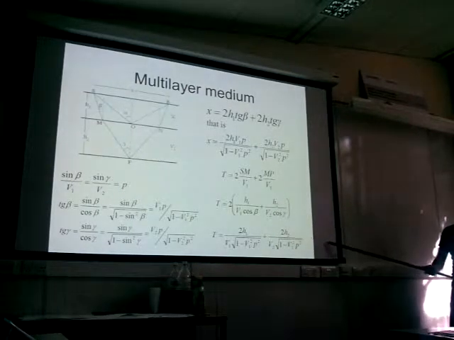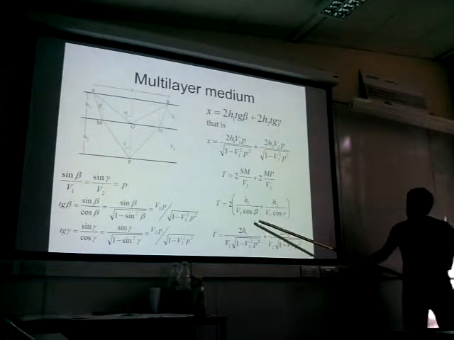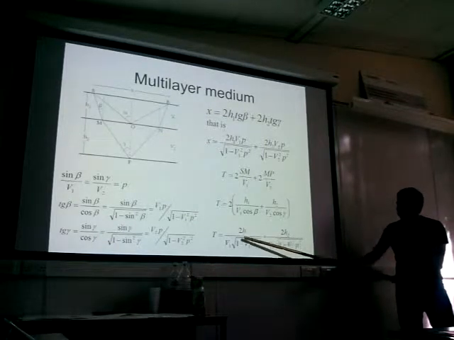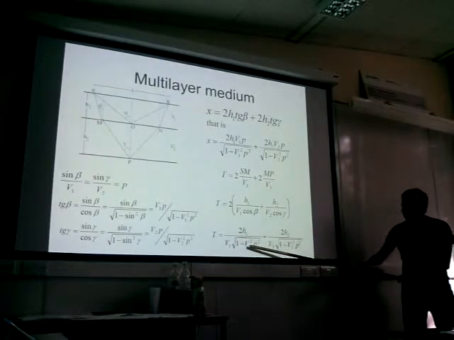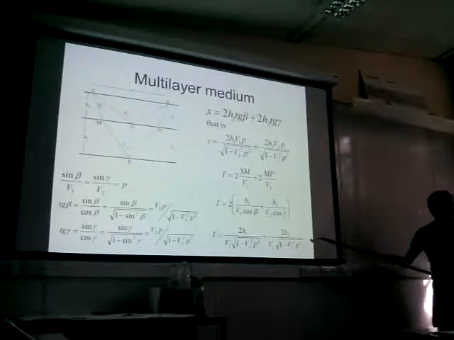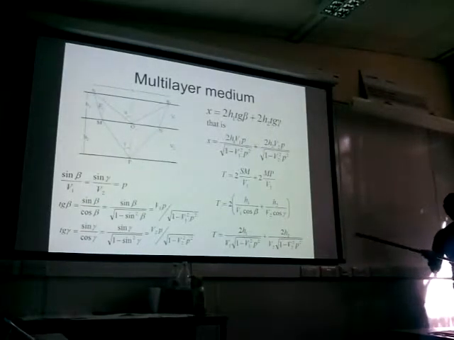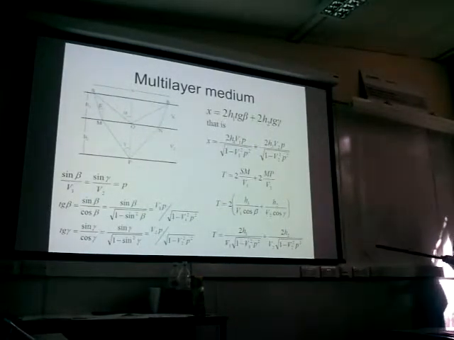If you have a third layer, which kind of formula is it going to be? It's going to be twice h3 over v3 times root of 1 minus v3 squared p squared. If you have a fourth layer, it's going to be repeated, the same symmetry, the same object.